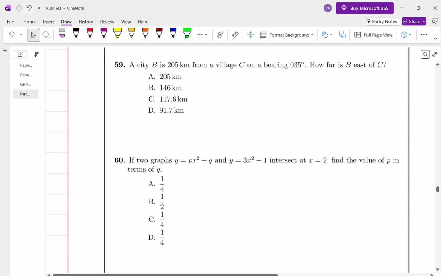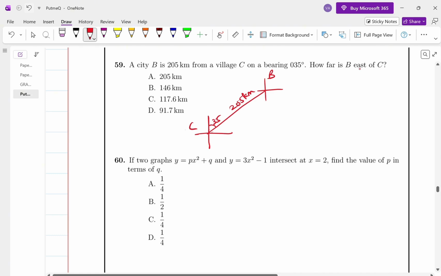Okay, so a city B from a village C. Let's draw the village C. So this is 35, and then this is 205 kilometers. And then B. This is where B is, this is where C is. How far is B east of C?